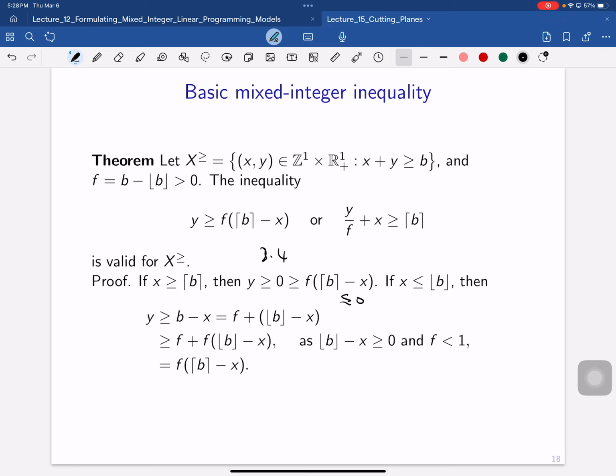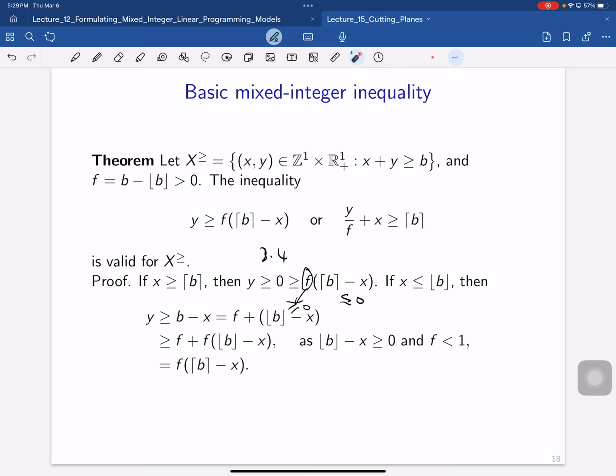Because we are in this case here. And f is a positive, non-negative number, since it represents the decimal places of b, where it is strictly greater than 0. So therefore, the right-hand side is less than or equal to 0, right? You have something greater than or equal to 0 minus something less than or equal to 0, then this inequality holds, right? This is the inequality we want to derive.